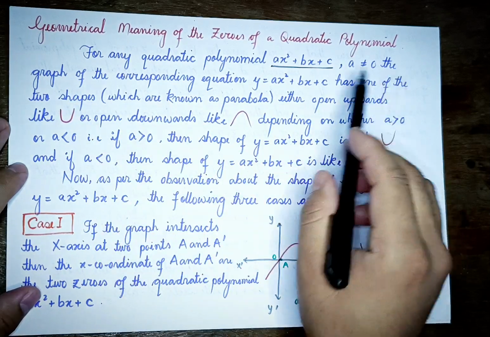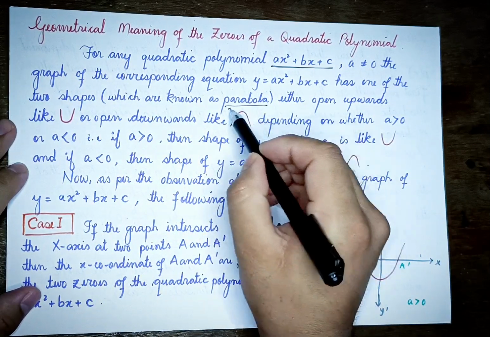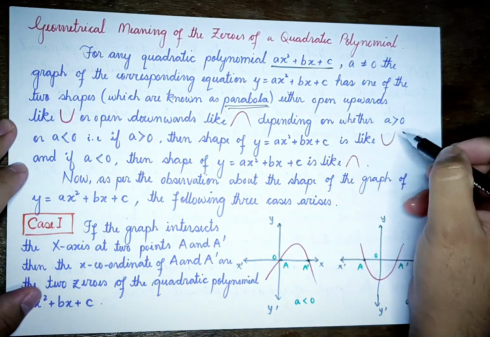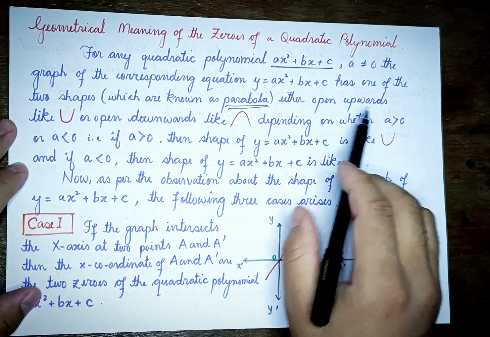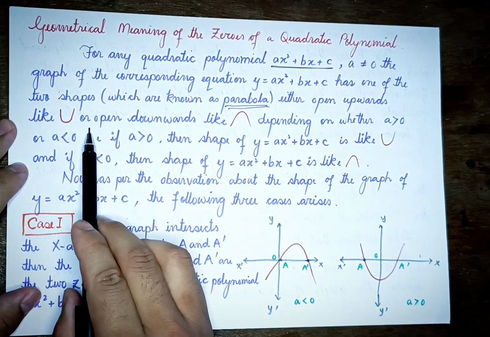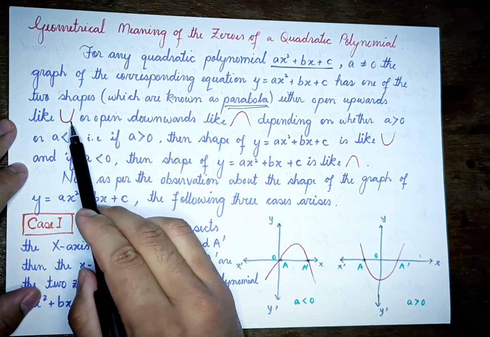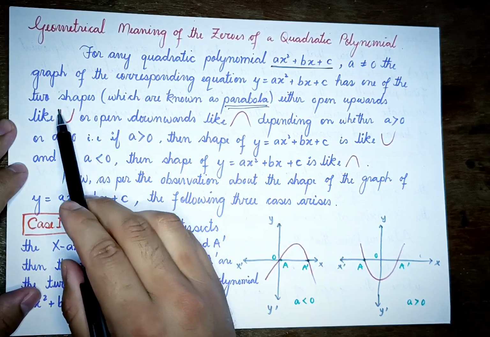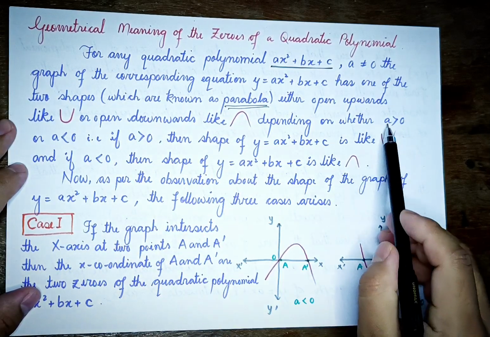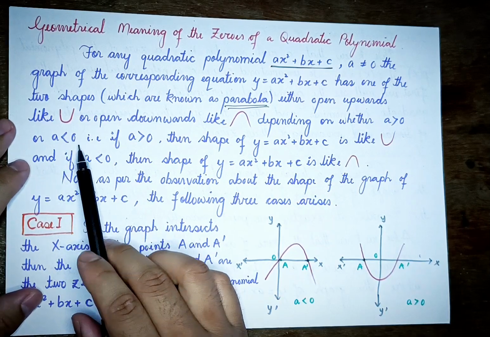We already know that the graph of the quadratic equation is of two shapes, known as the parabola, which is either open upwards or open downwards. This U shape is known as the parabola, which can open upwards or downwards depending upon whether a is greater than 0 or a is less than 0.